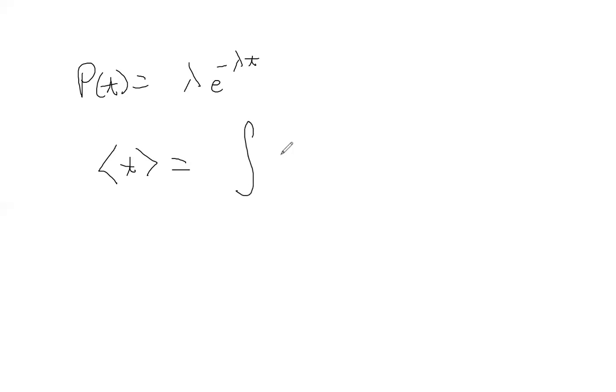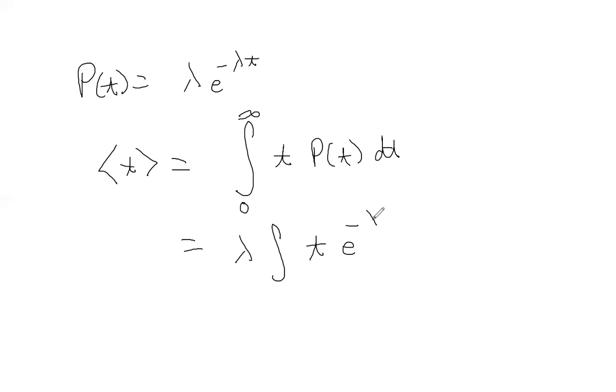That'd be the integral of t, the thing inside the bracket, times the probability, which is a function of t, dt, and again from 0 to infinity. That becomes lambda times the integral of t e to the minus lambda t dt.